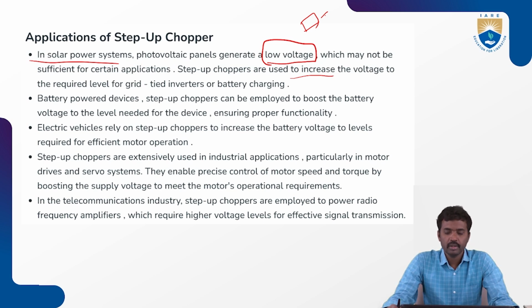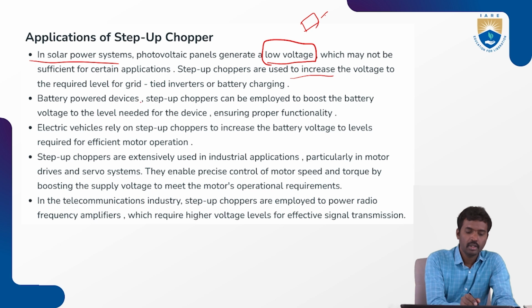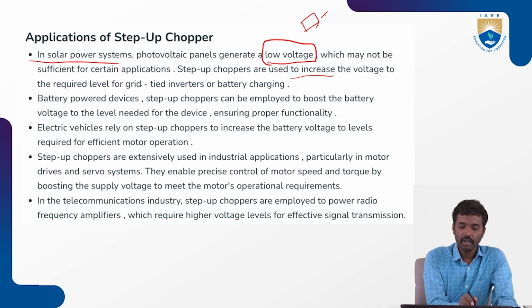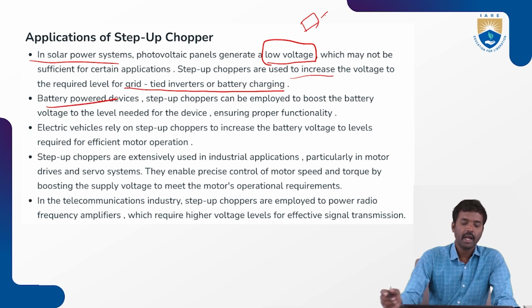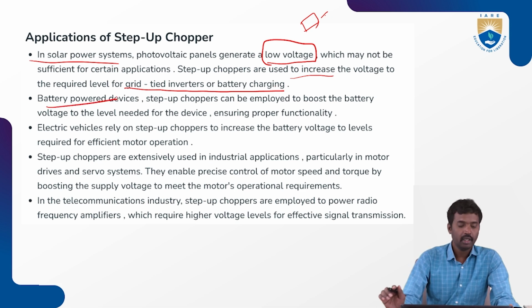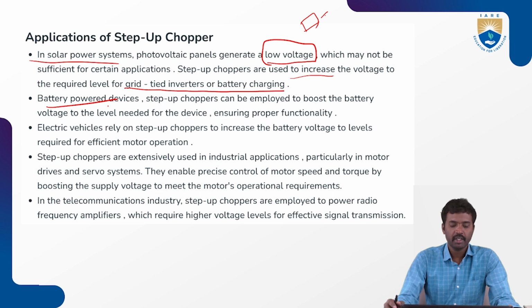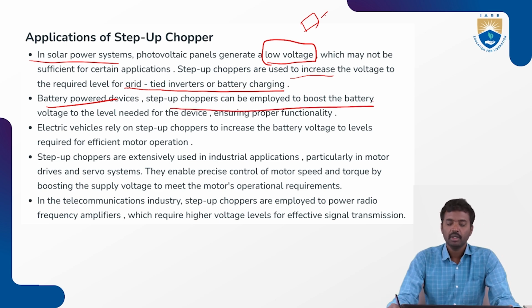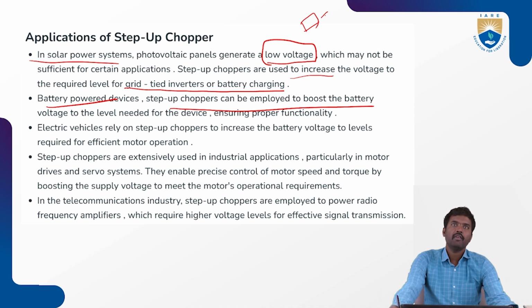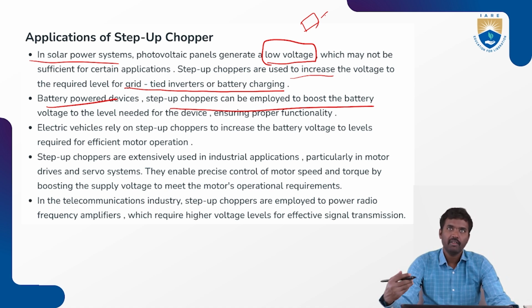And now, grid tied inverters and batteries. Battery powered devices: step up choppers can be employed to boost the battery voltage to the level of required voltage.